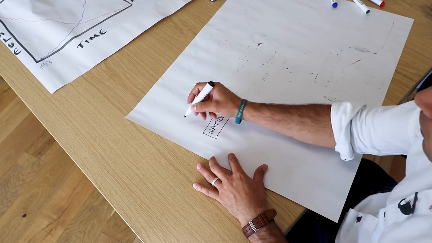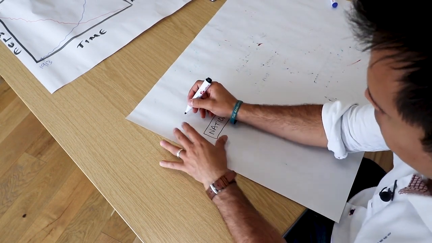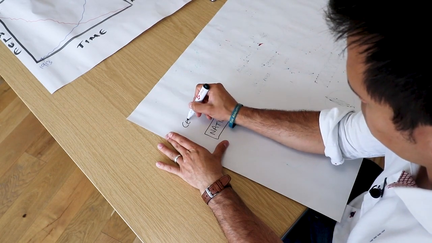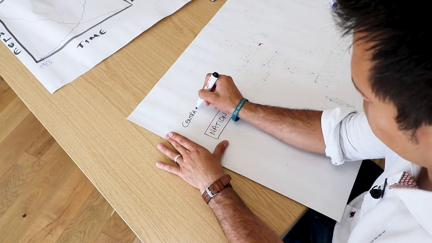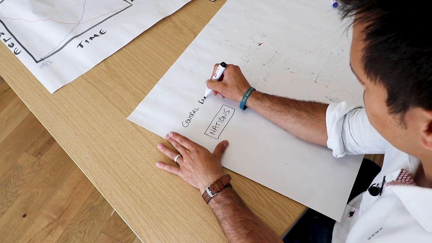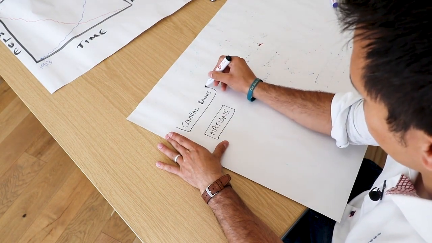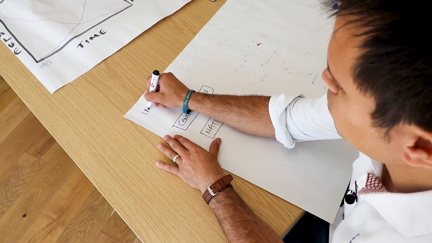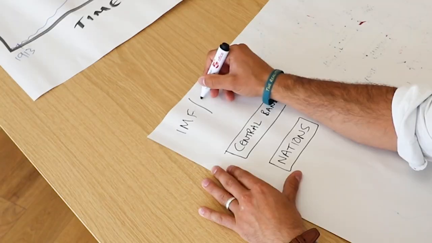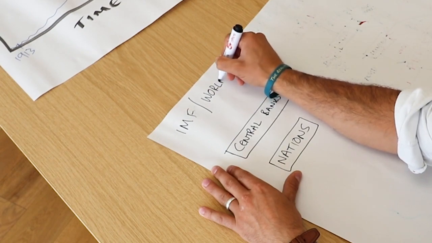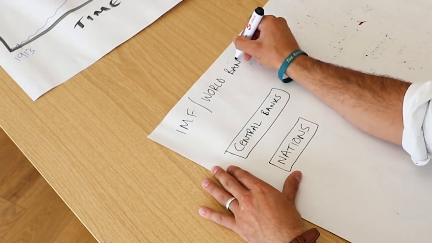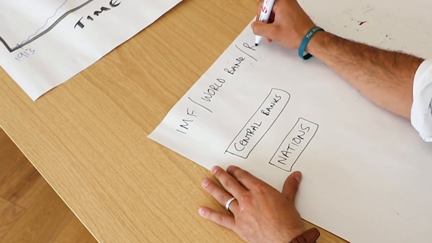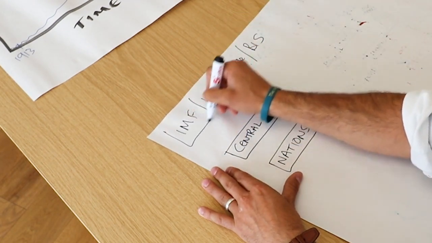No, wrong. Up here, and then you have central banks. And then you have the Troika. So you have the International Monetary Fund, you have the World Bank, and then you have the BIS, the Bank for International Settlements.